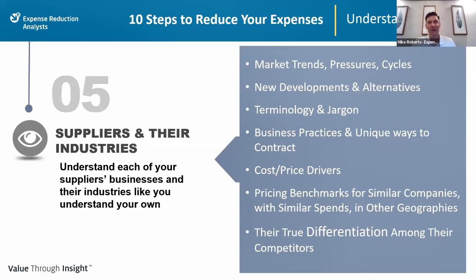Or, if you just pick up the phone and Google and find two or three additional suppliers that offer the same product, and you get quotes, how do you know that they were the best suppliers for what you needed and that their pricing is a benchmark? So it's a really difficult thing to understand where the benchmark should be for pricing in a supplier industry. That's something where a lot of businesses tend to fall short.